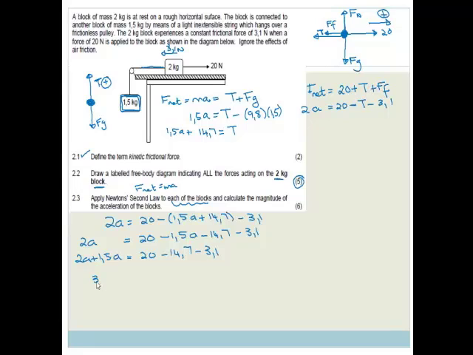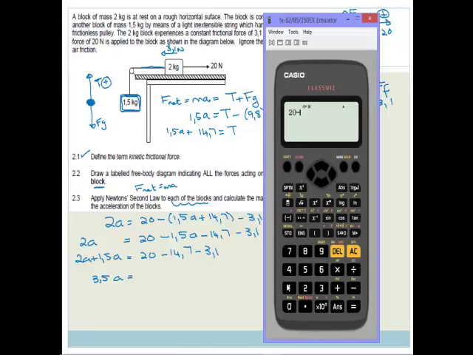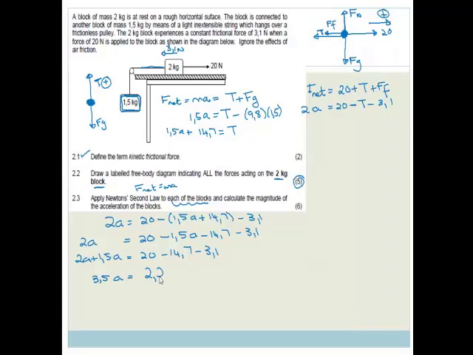So therefore we've got 3.5A is equal to, let's do that on a calculator: 20 minus 14.7 minus 3.1 equals 2.2.